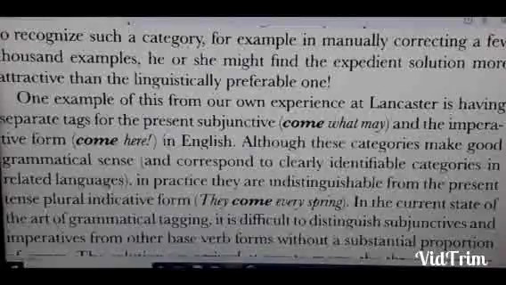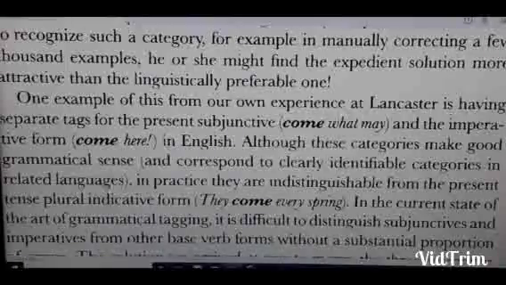One example of this from our own experience at Lancaster is having separate tags for the present subjunctive "come what may" and the imperative form "come here" in English.